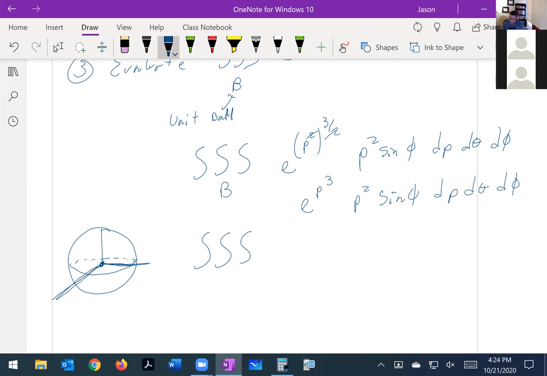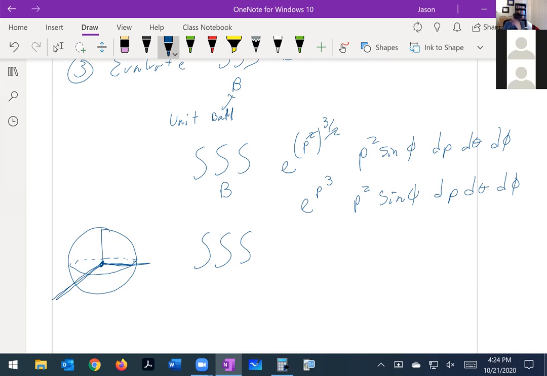Let's just choose a point on the sphere and figure out how would I get the entire volume of the sphere using rho and theta and phi.